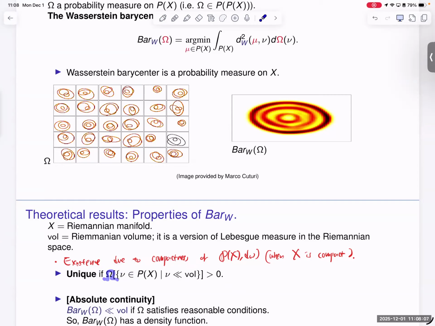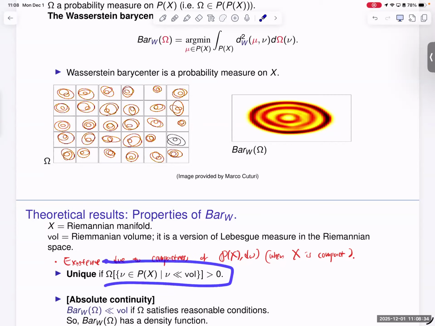Omega has many random, let's say, probability measures in it, right? Some of them can be very singular, like Diracs, but suppose some portion of omega is absolutely continuous with respect to Lebesgue. So they have densities.